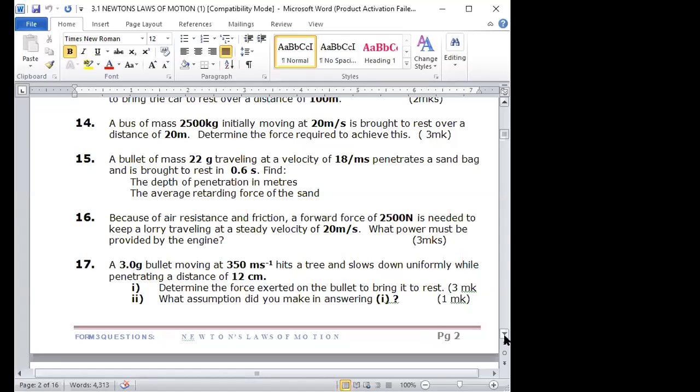Question 15. Cephas Mutu, are you through? Who is through? If you are through, lift up your hand.